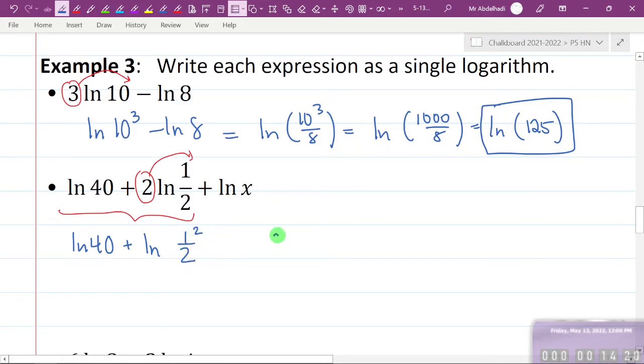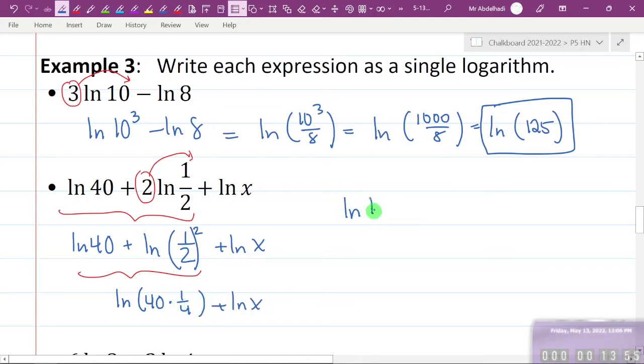Now, if I write it this way, it looks like 1 squared over 2, so I'll use parentheses to make sure the reader knows that I'm squaring the 1/2. Right? And now the square of 1/2 is 1/4. So now using the product rule on these first two, this is ln 40 times 1/4, which is just ln 10. So now I have ln 10 plus ln x. Using the product rule again, I get ln 10x.